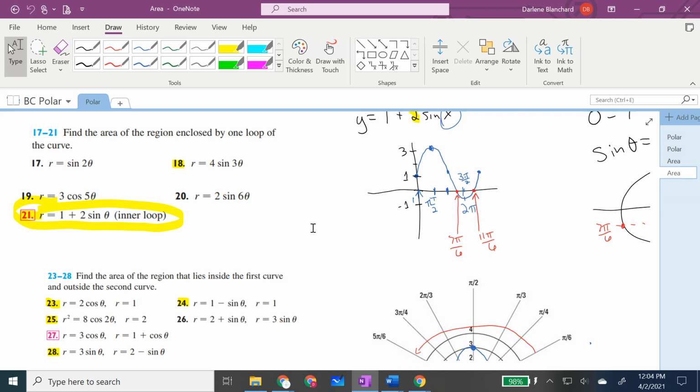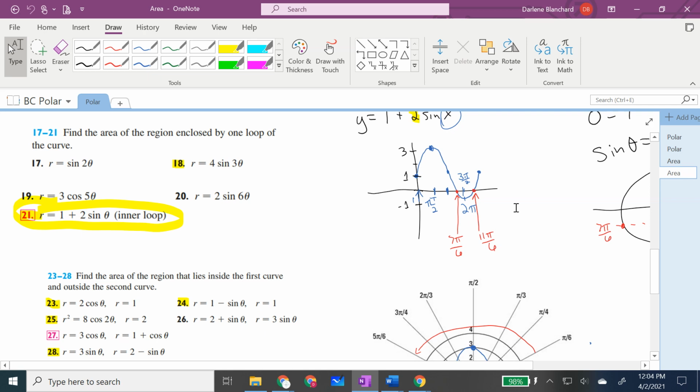The cardioid happens when the amplitude and the vertical translation are the same, absolute value the same, because that's when it will touch the x-axis and bounce right off. And that creates that sucked into the pole, spit out of the pole cardioid.